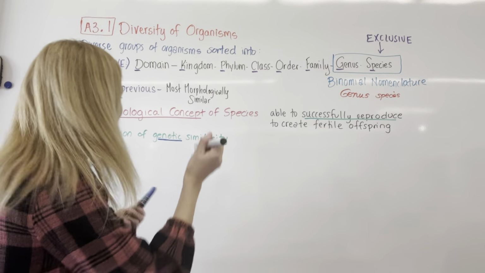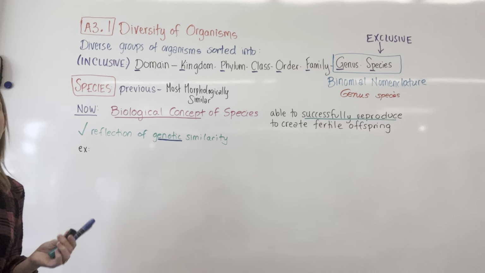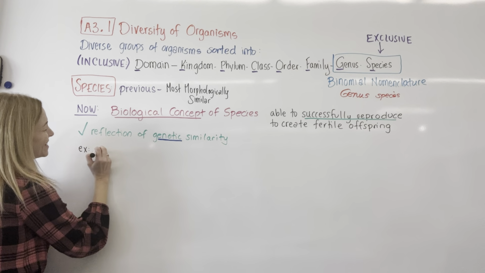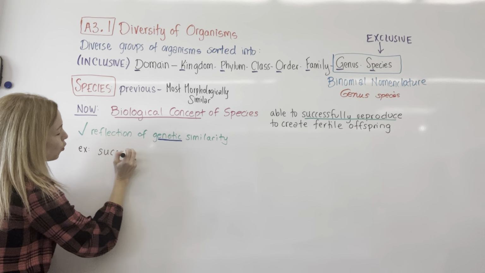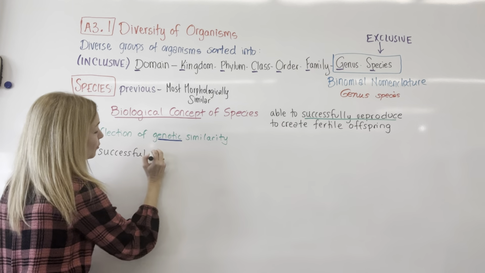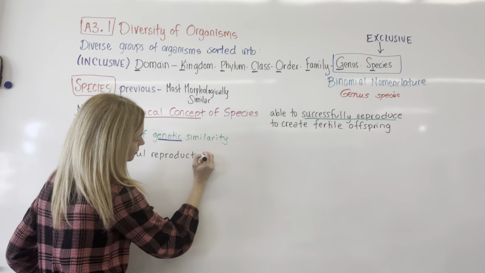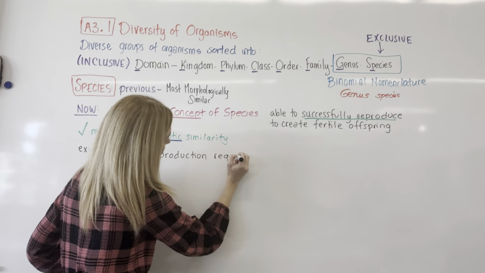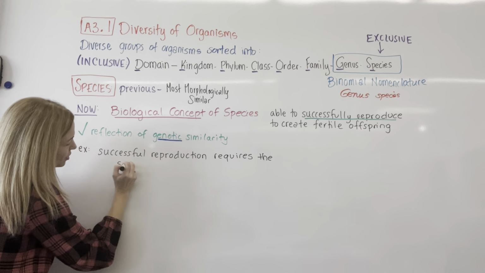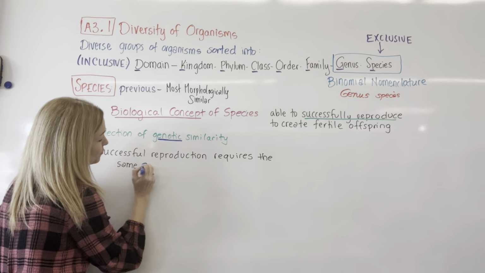So an example of how this is a reflection of that is that in order to successfully reproduce, successful reproduction requires essentially the exact same chromosome number, as well as general chromosome similarity.